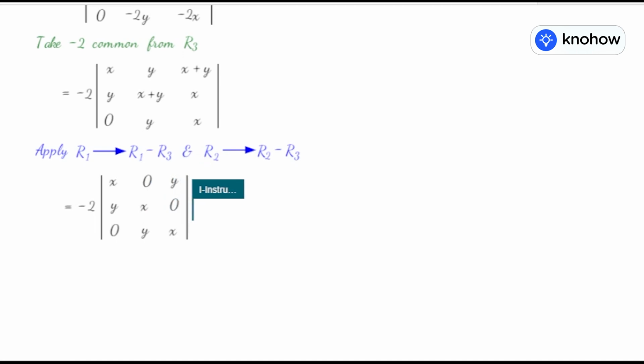And now let us expand along R1. Expand along R1, keeping minus 2 outside, and along R1 means x times, delete the row and column through x, and you get x square minus 0, and of course minus 0 will remain as such, and plus y times, the third element of row 1, delete the row and column, you get y square minus 0.